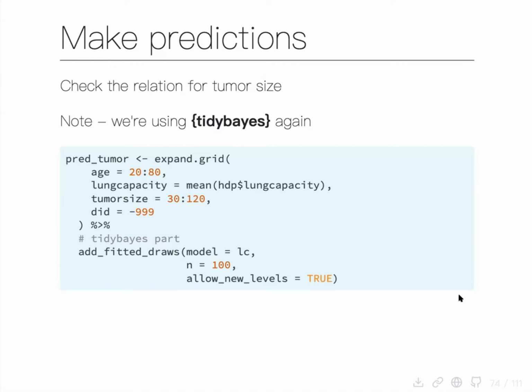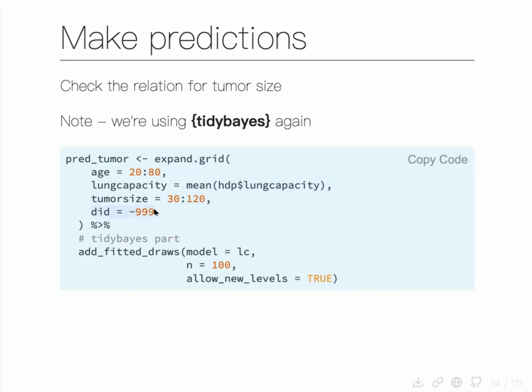You could use your entire posterior distribution for all of your predictions, but that might be difficult too. So what we can do, using tidy Bayes again, is first set a grid for the things that we want to investigate. So I'm going to say for age from 20 to 80, set the lung capacity at just the mean lung capacity, and then tumor sizes from 30 to 120.